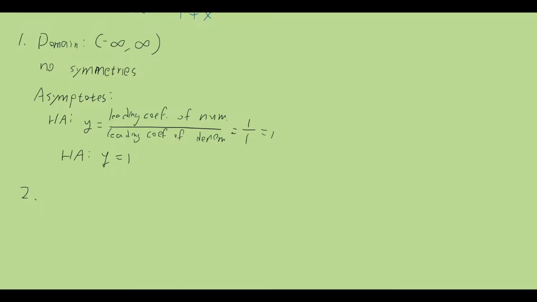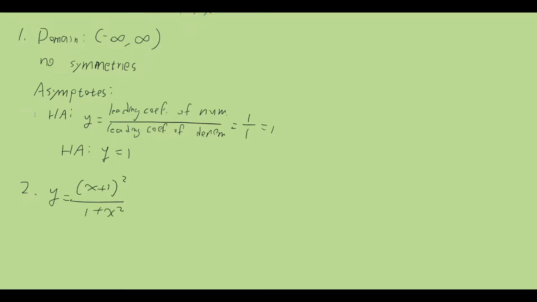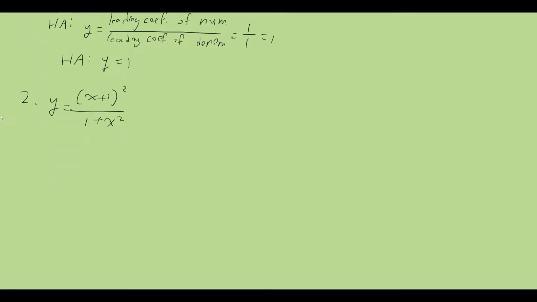And let's do that actually. So y is (x + 1)² over 1 + x². To take the derivative, we will need the quotient rule. And here it is.